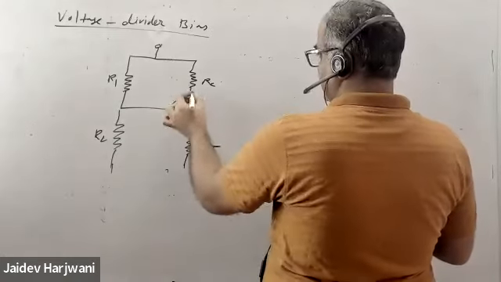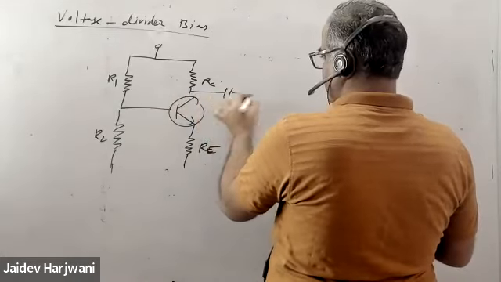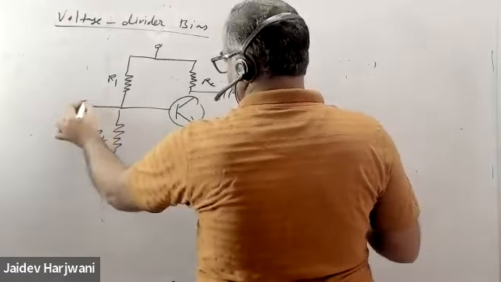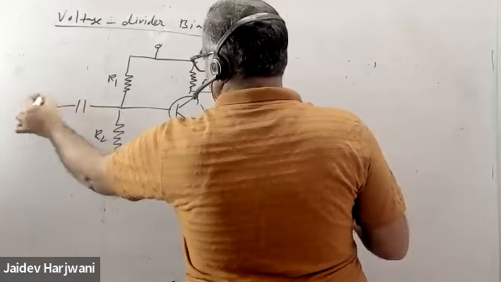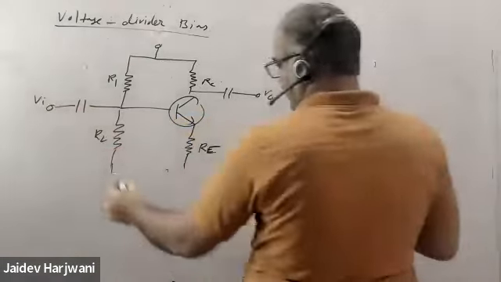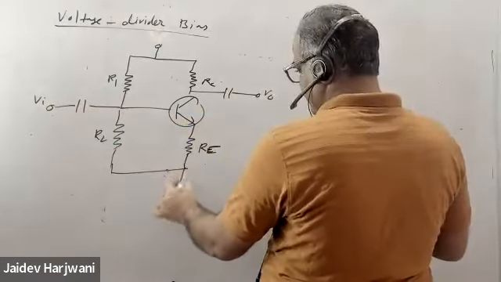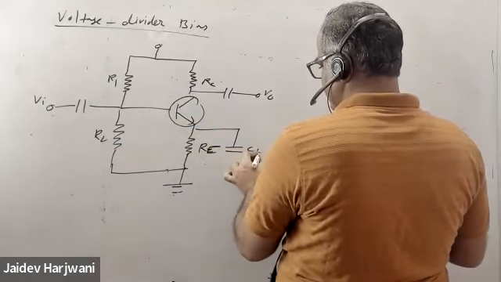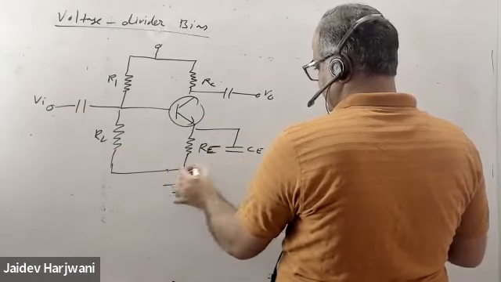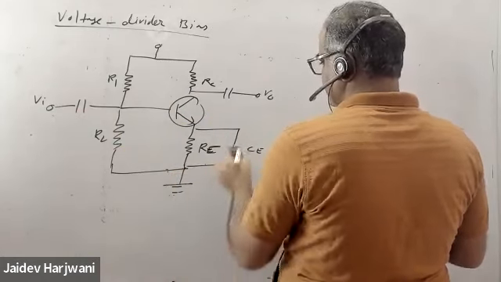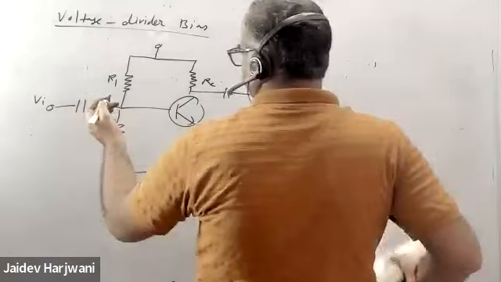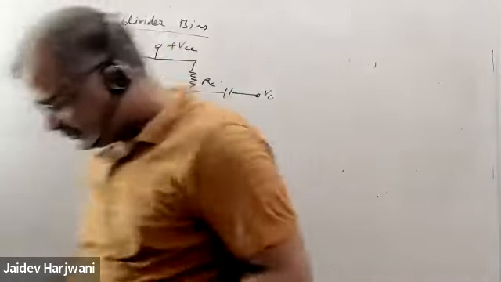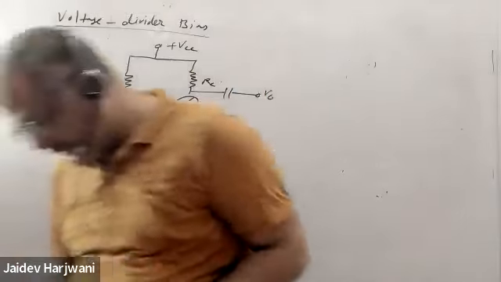I am taking output again here, and input again here. Where you take input and output is also important while making the circuit. And here they are putting one capacitor C emitter across this. So this becomes voltage divider. Here you have VCC.